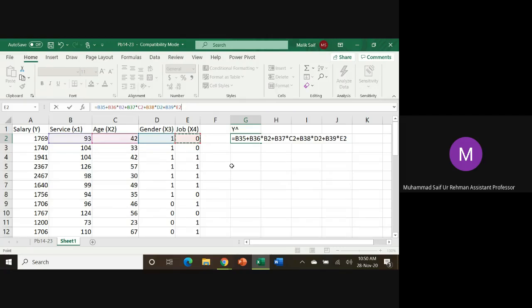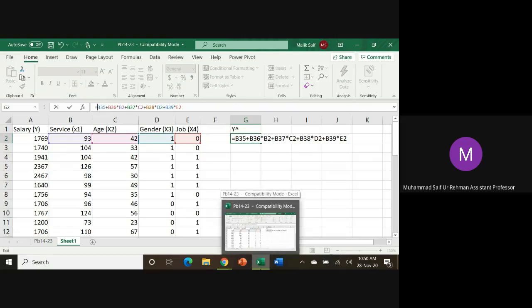And to fix values, what strategy will you use? See, B35 is such a value written over there. This is the cell address, B35, against which the alpha is given.